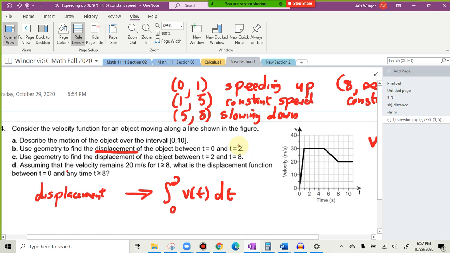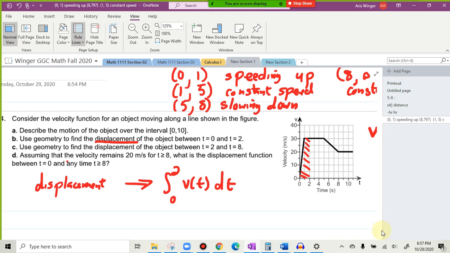So from 0 to 2 means I need this area here, which is the sum of a triangle and a rectangle. That first triangle has a base of 1 and a height of 30.